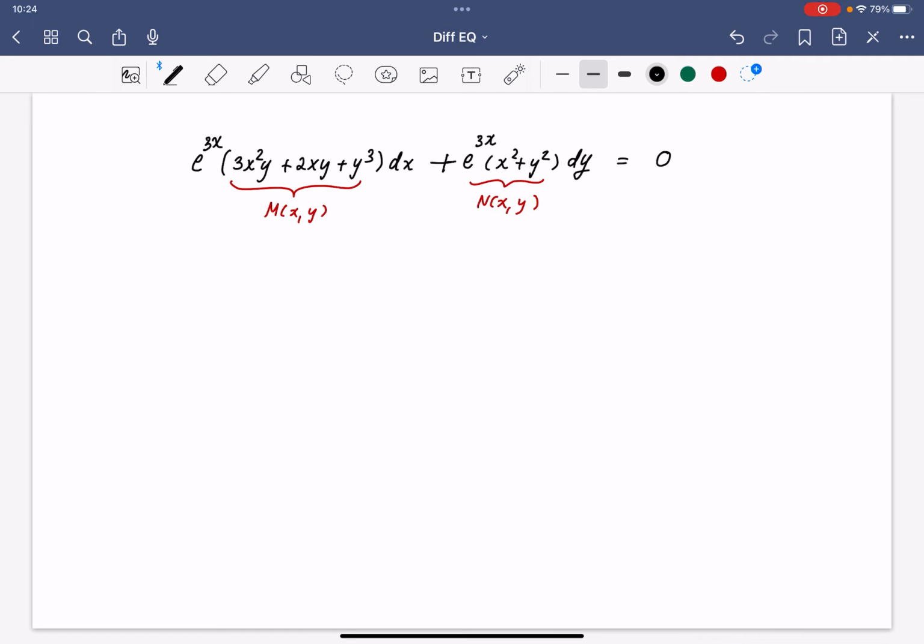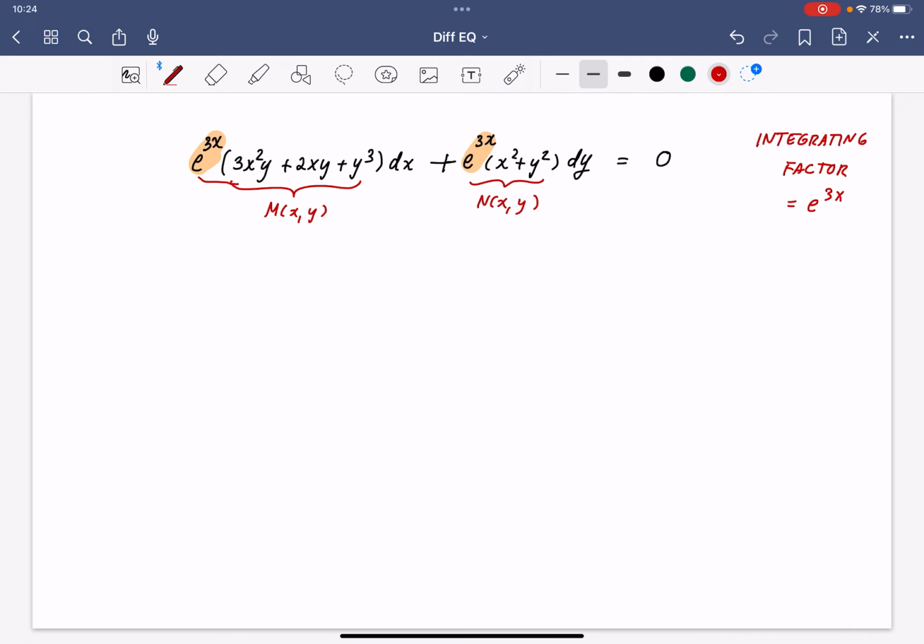The reason why you multiply e to the 3x to the equation is because this is the integrating factor. From the previous step, you know that our integrating factor is actually e to the 3x. So we multiply it to the equation.